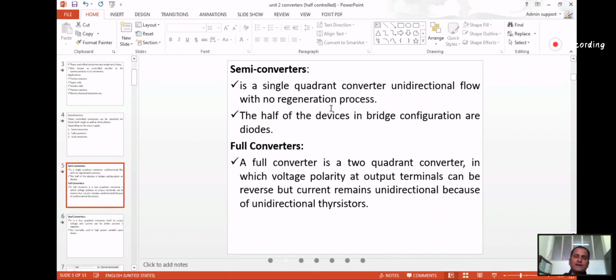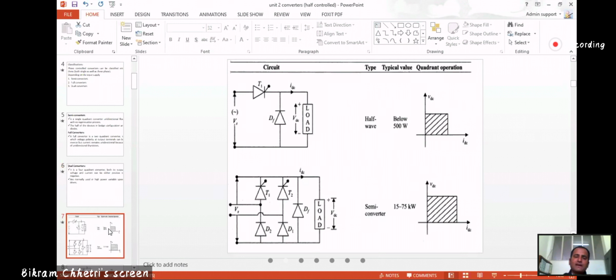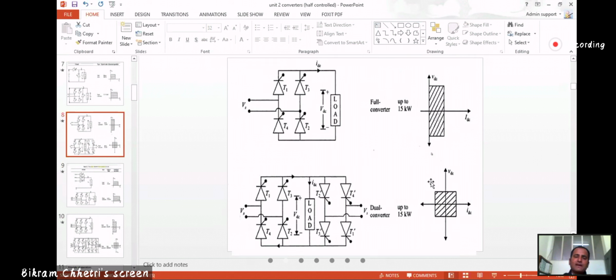So there is no regeneration process in this type of semi-converter. It's a single quadrant system.